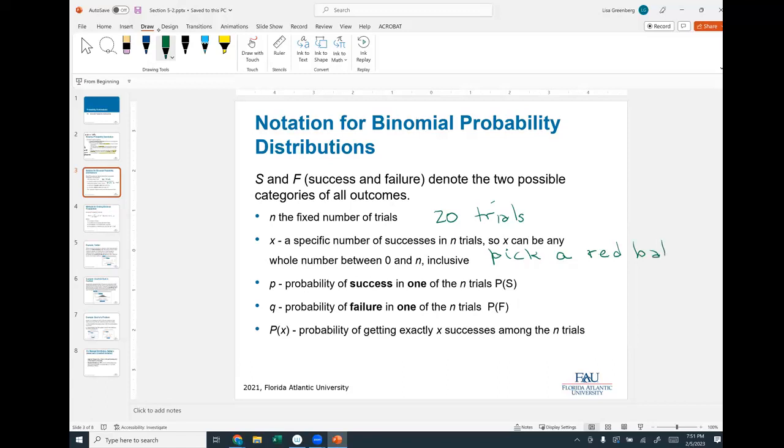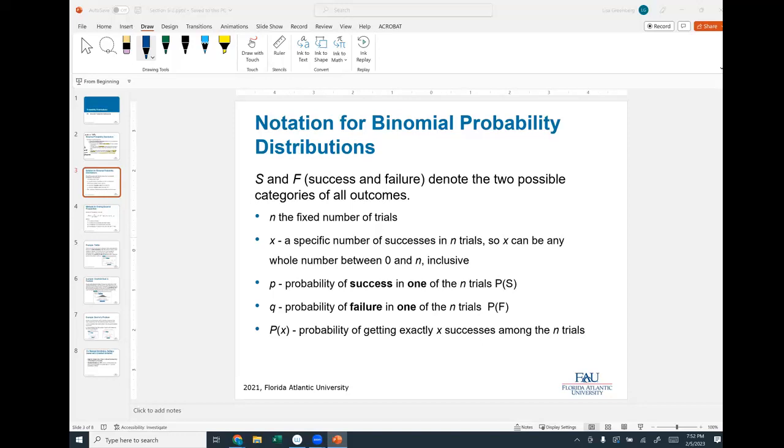Okay. So, hold on. Okay, so let's say n is the number of fixed trials.